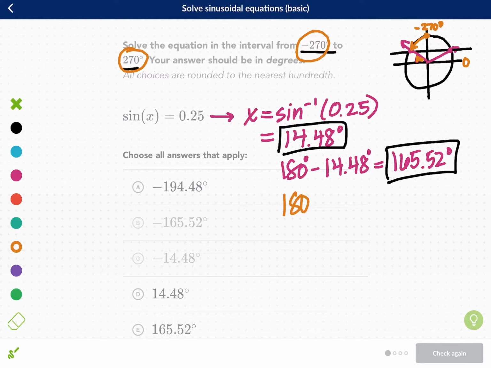So I have kind of like a 180 minus 14.48 degrees, which is negative 194.48 degrees.